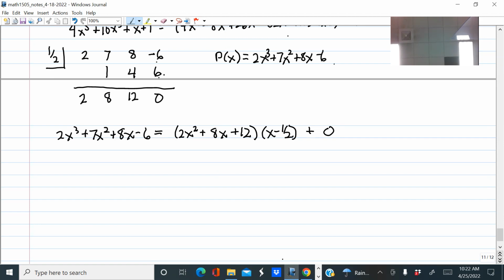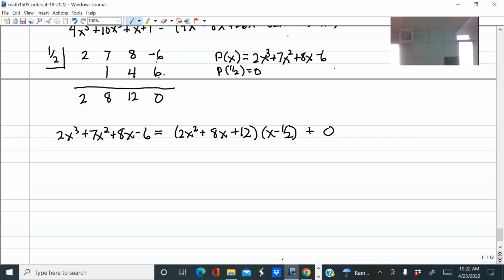So if you were looking for its x-intercepts, that would be what x values make this expression 0. Then you found one of them, you know, is 1/2, not minus 1/2, but 1/2. In other words, if you evaluate P of 1/2, you are guaranteed to get 0 because this remainder was 0. So 1/2 is an x-intercept.